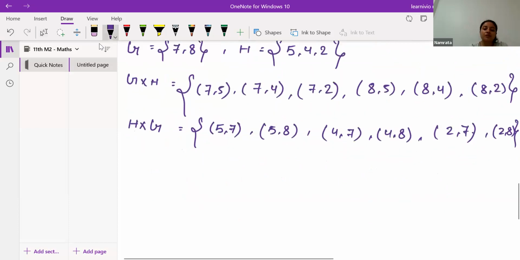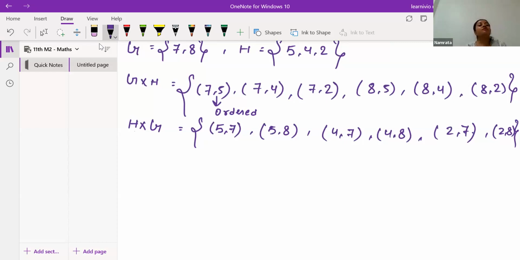These are called ordered pairs because we are writing a pair in ordered form. When G cross H is given, strictly we take the element of G at first. When H cross G is given, strictly we take the element of H at first. That's why these are called ordered pairs.